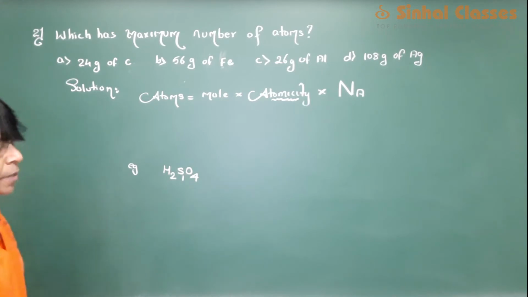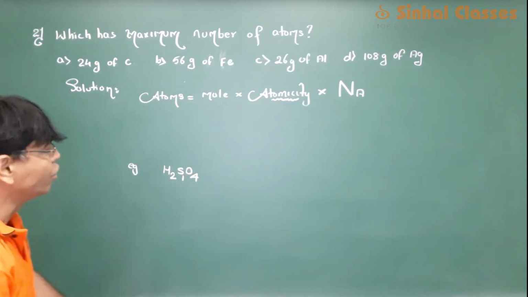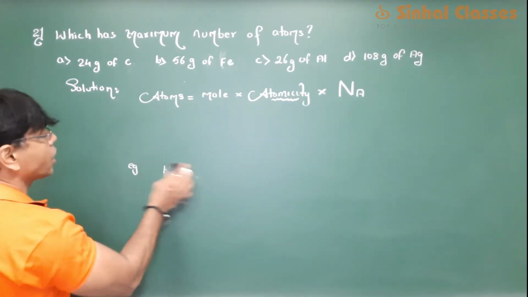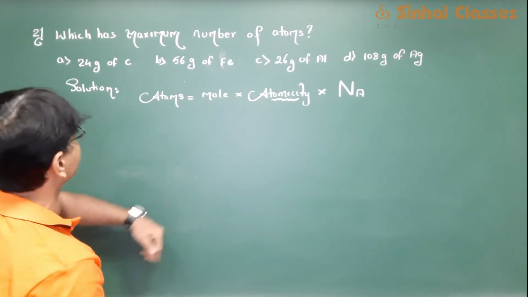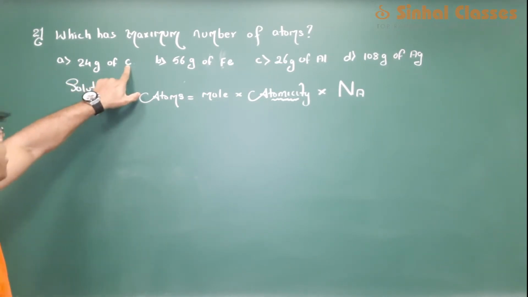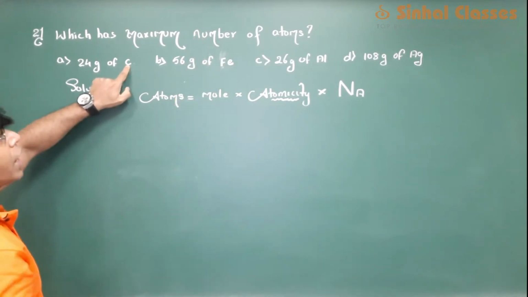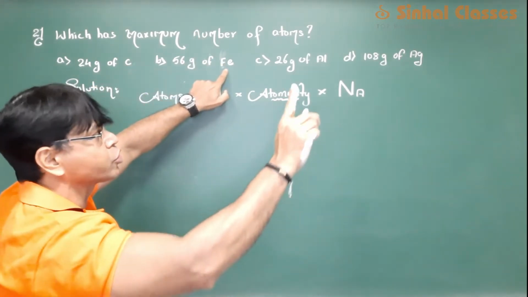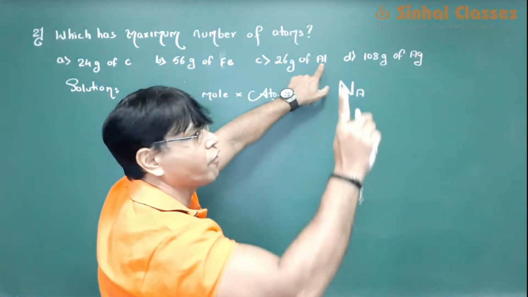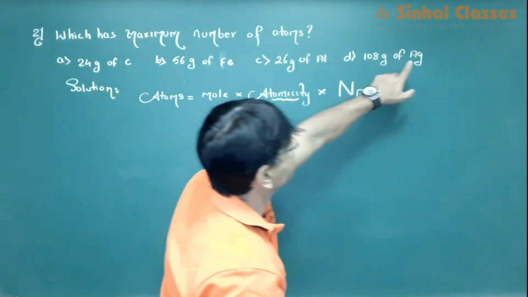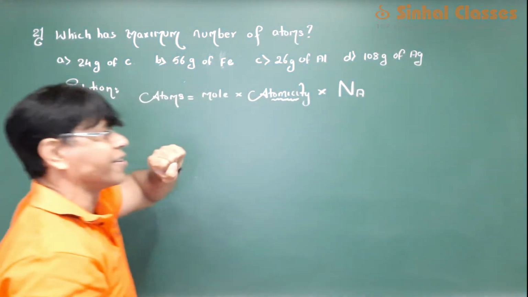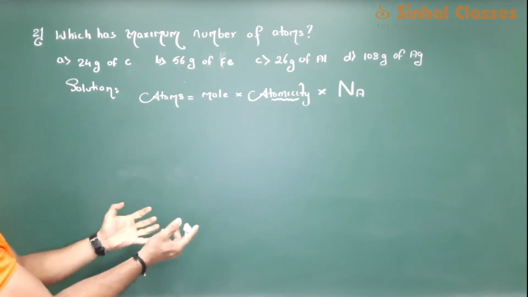But right now in the question it is given only carbon. So atomicity for carbon will be 1. Atomicity for iron also will be 1. Atomicity of aluminium is 1. Atomicity of silver is also 1.